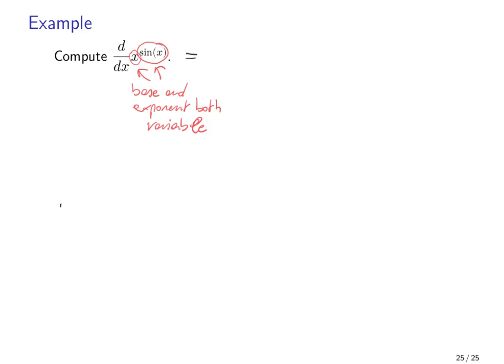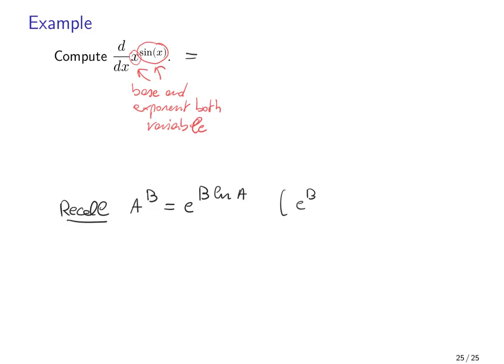So here I want to recall some algebra for you. If we have a to the power b, then we can write it in a different way. You can write this as e to the power b times logarithm of a. If you don't remember that, this is actually quite easy to see.